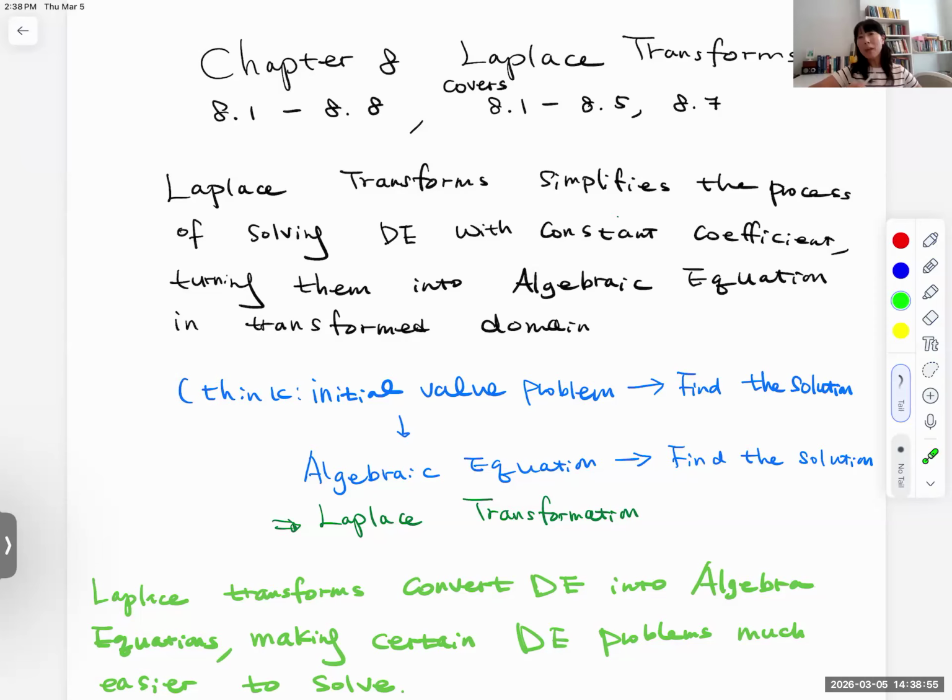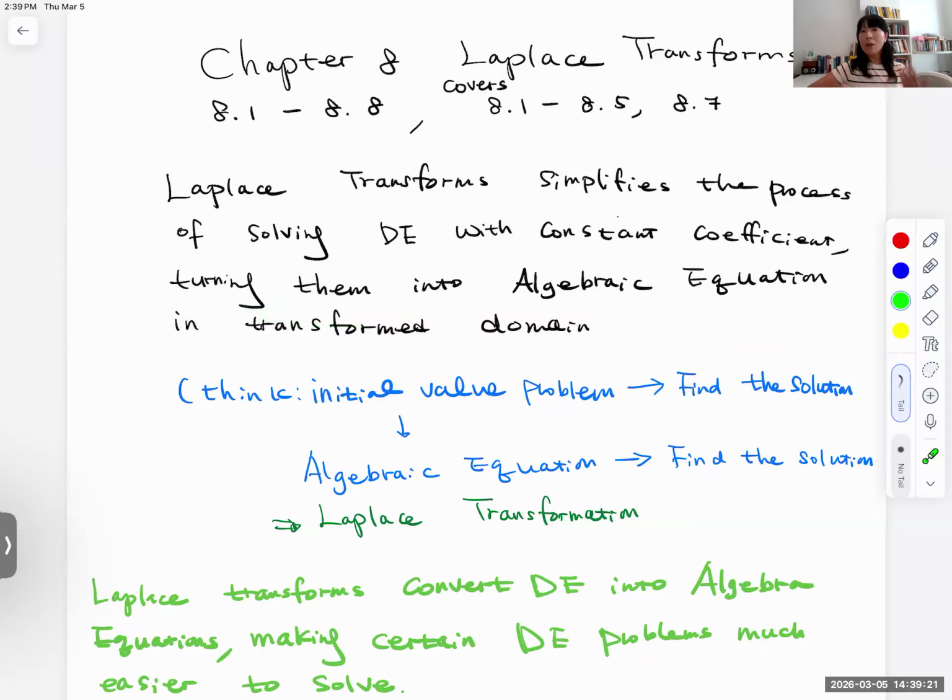So what are Laplace transforms? When do we use them? Laplace transforms simplify the process of solving differential equations with constant coefficients, turning them into algebraic equations in the transformed domain. What does this mean?